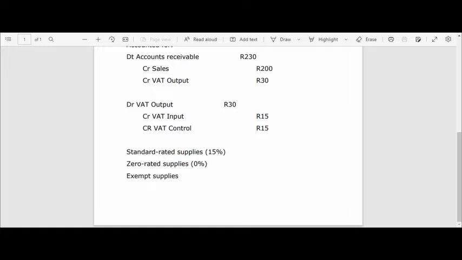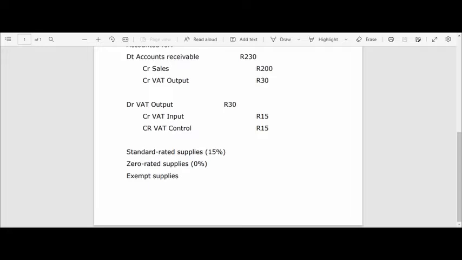You type that in, and then automatically, as if by magic, Sage 1 or Pastel or QuickBooks or there's some others. What's the other one I used to use many years ago? Acfin. There's also Zero, one of the latest ones. There we go. Then, as if by magic, thank you, Miss Morris, it'll show you that the sale was 200 rands and the VAT output is 30 rands.